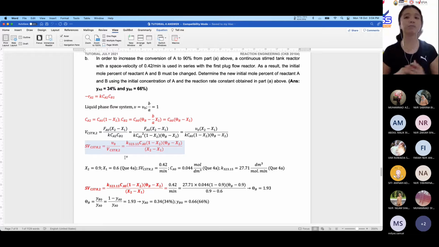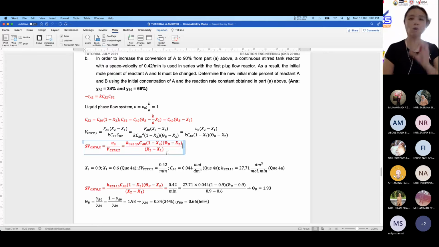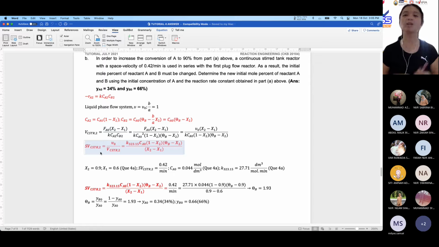Okay, so now belum lagi selesai. Tapi you somewhat know, okay, ini design equation yang saya akan guna untuk pengiraan saya. Okay, so dah kamu kena fikirlah. Daripada all the variables here, apa benda yang akan berubah kalau saya tukar mole fraction A dan mole fraction B? Sebab dalam soalan kata, dia suruh kita cari YA0 yang baru, YB0 yang baru. So dalam equation ni, kamu kena faham lah.